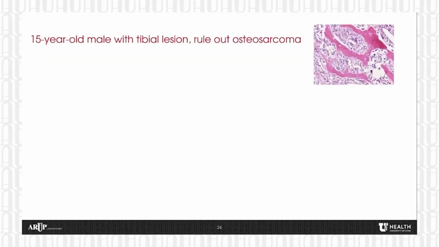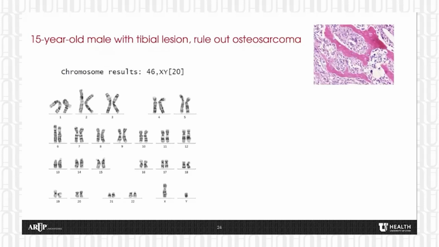There is another example of a 15-year-old male with a tibial lesion, and the requisition was to rule out osteosarcoma. The karyotype was performed, and it showed a normal male karyotype. But it does not correlate with the morphology of a malignant tumor to have a normal karyotype.